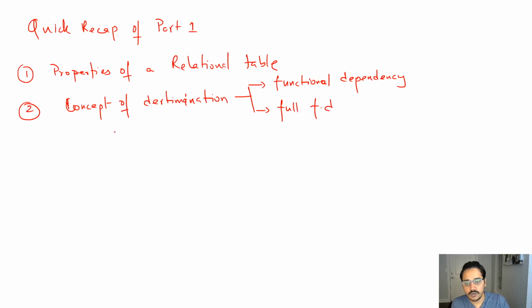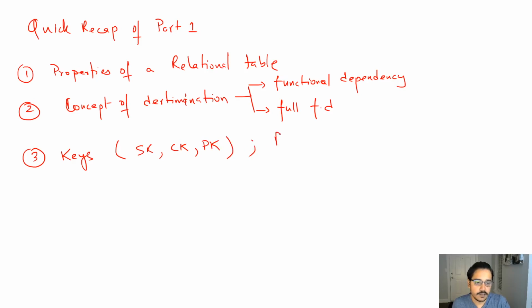And using these two math concepts, we learned about the concept of database keys, wherein we learned different keys like super keys, candidate keys, primary keys, and then separately we learned about foreign keys and secondary keys.